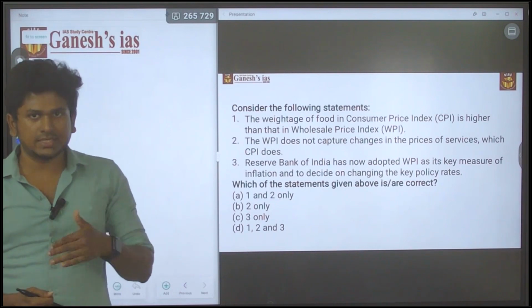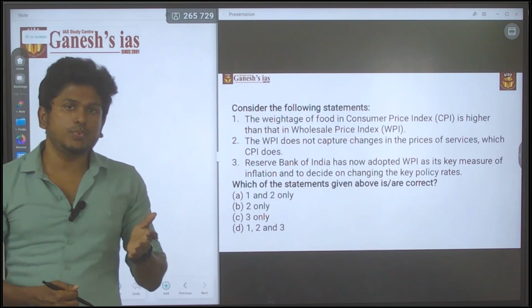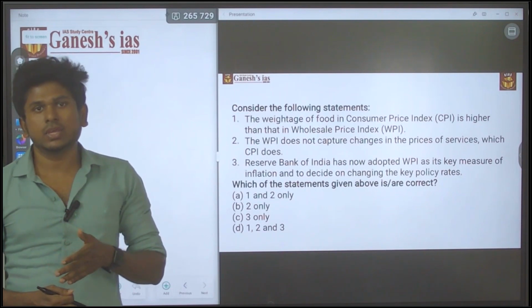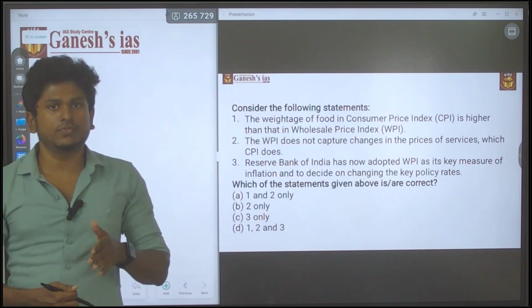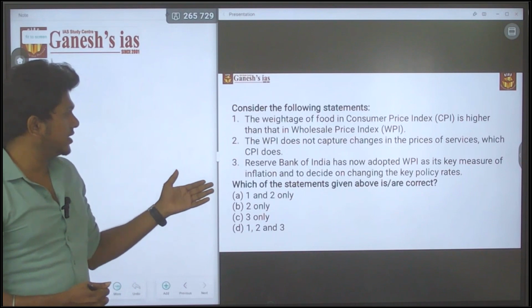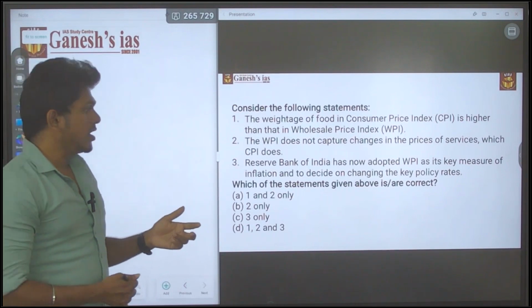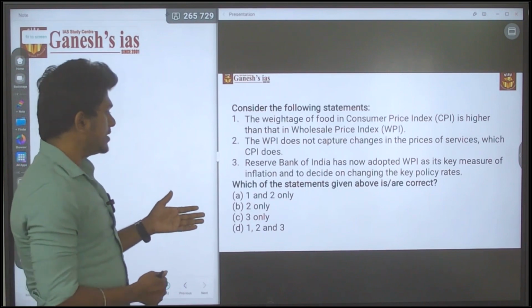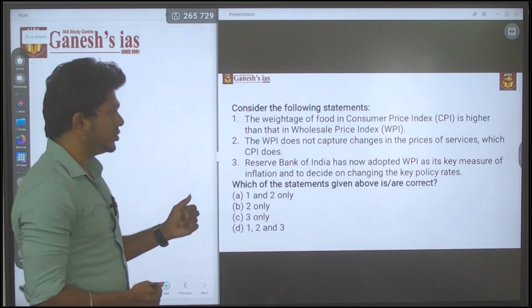But at present, after 2015, they changed it from WPI to CPI. That is the major change done after 2015. So the third statement is actually wrong. By that you can make the answer A. So the answer is 1 and 2.